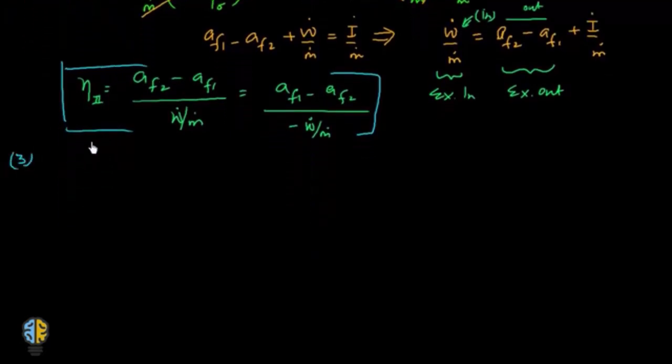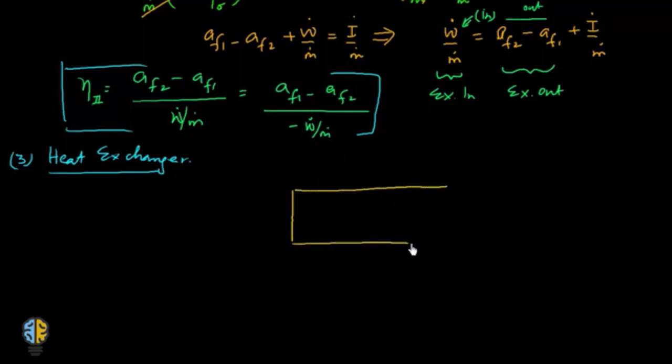Now let's go to the next illustration of the second law efficiency, and that is the heat exchanger. In a heat exchanger, the single stream analysis is not there, because there are multiple streams. So let's draw a diagram first of all. Let us say we have a very simple looking heat exchanger.